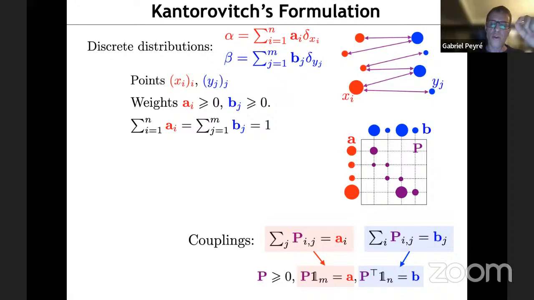Each time you put a non-zero element in this array P, so if Pij is non-zero, it means you transfer some amount of mass. Here you see, for instance, on the first row a single non-zero element, which means the first Dirac mass in alpha is going to be mapped to a Dirac on beta. But if you look at the second row of this matrix, you see that the second Dirac is going to be split into 2 parts, which means you would have 2 connections emerge.